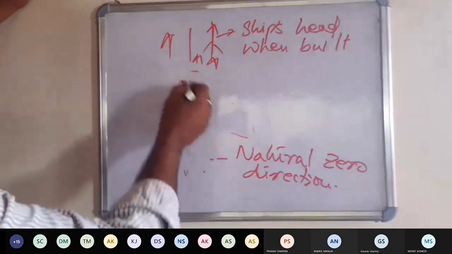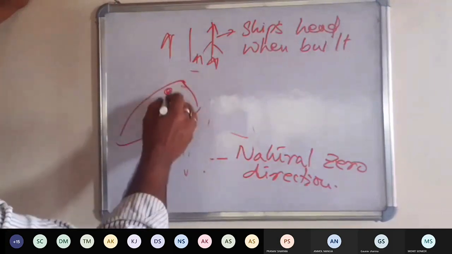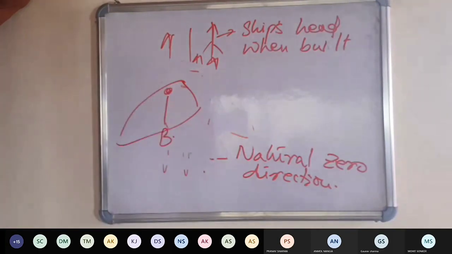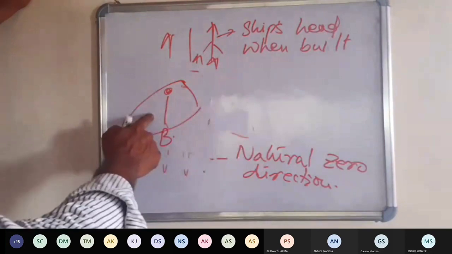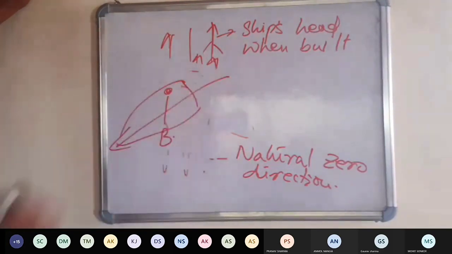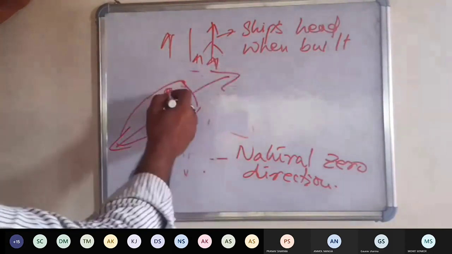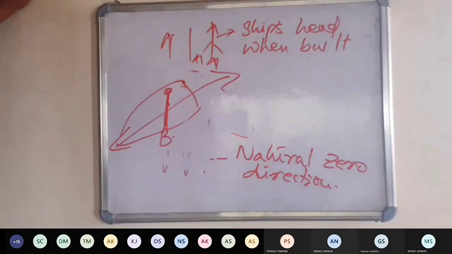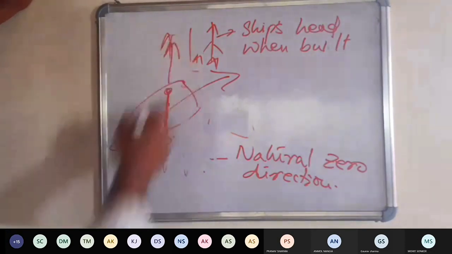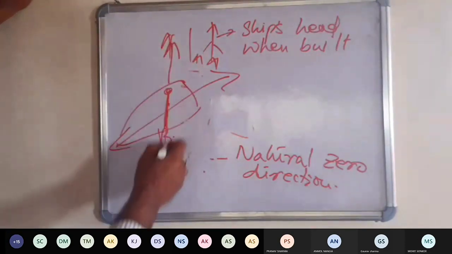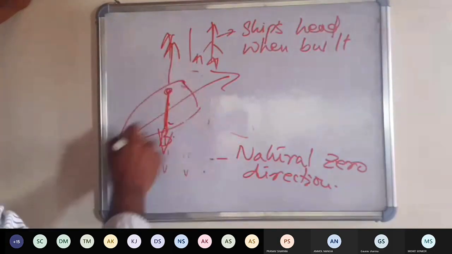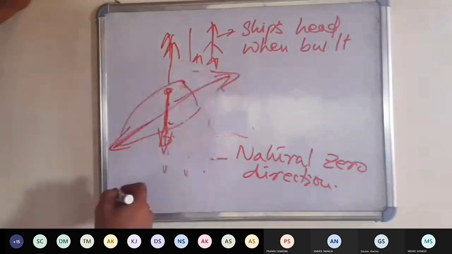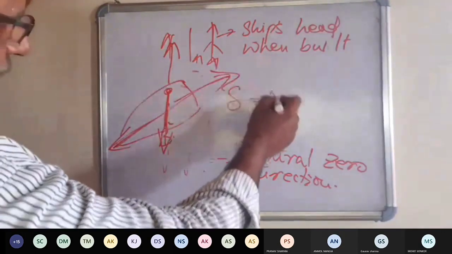Again, when she is being built on this heading, the red will be here, blue will be here. So on all these courses, when the ship is being built on this heading and on this heading, this magnetic field due to the iron of the ship is only either adding to the DF, directive force, or subtracting from the DF. But in all these cases, on this heading and this heading, the deviation is nil.